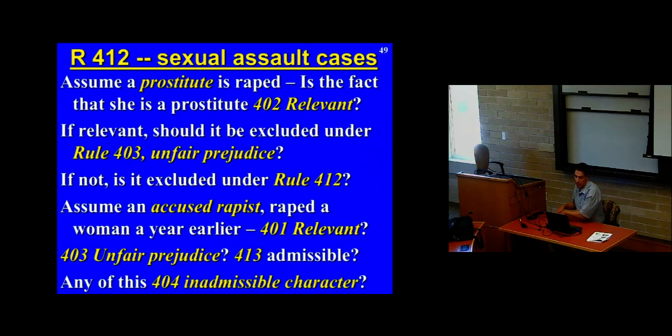To say, a Miami cop, non-propensity, but it can also be used for a propensity purpose, to say that the defendant is a bad guy and has a propensity to engage in sexual assault, and therefore, jury, you can take that into account and decide if the defendant probably acted in conformity with the propensity to engage in sexual assault.